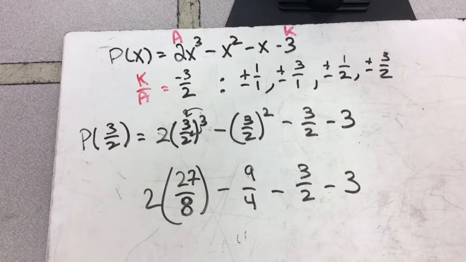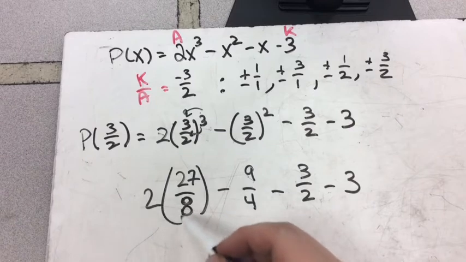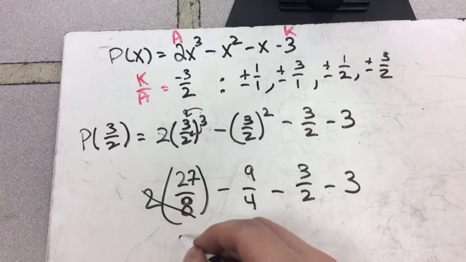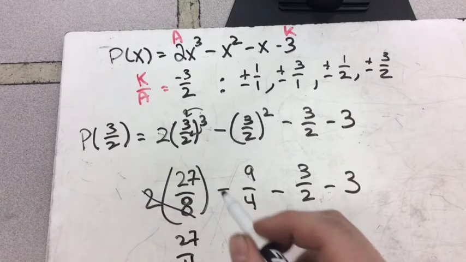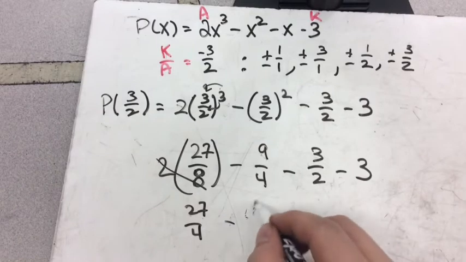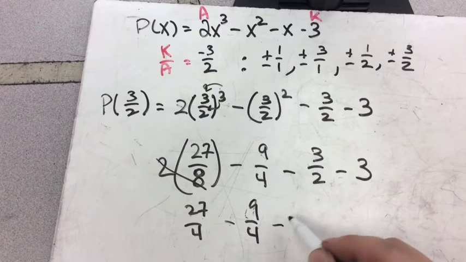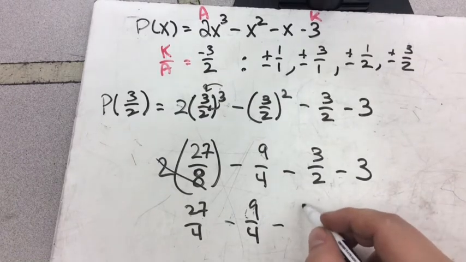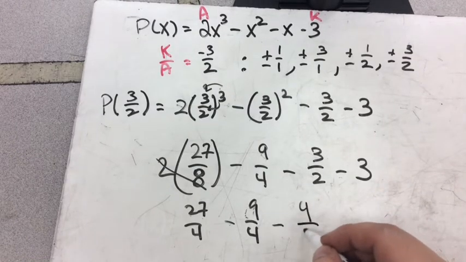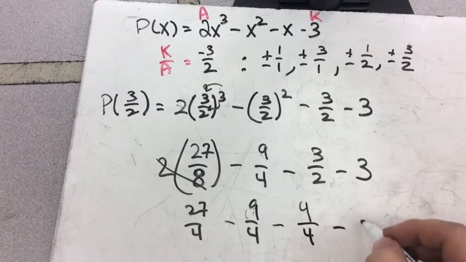What I can then start to do is arithmetic massage. These will turn into 27 over 4 minus 9/4. I need to change this into fourths. This is a good review on fractions. So this is 9/4 minus 3.